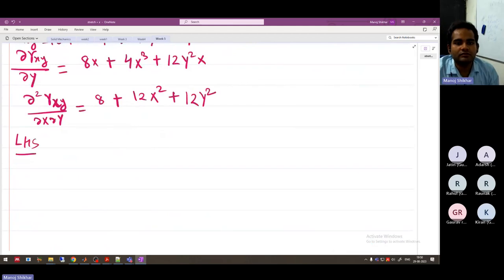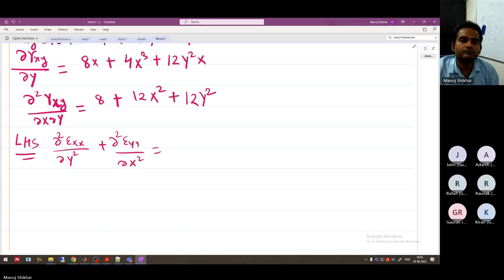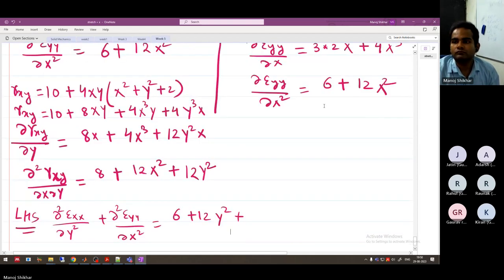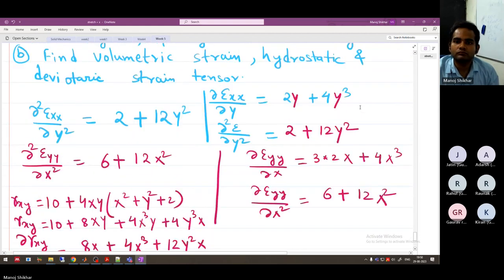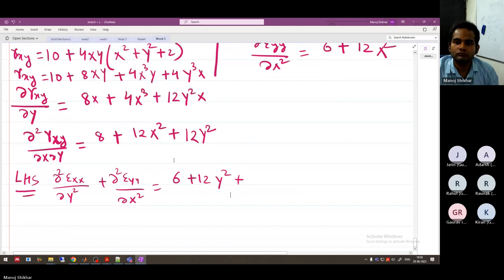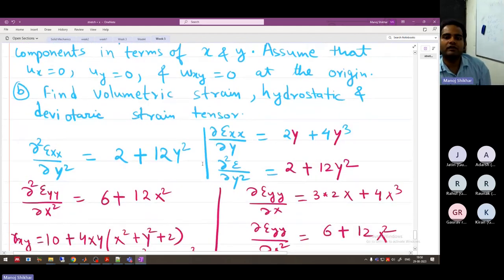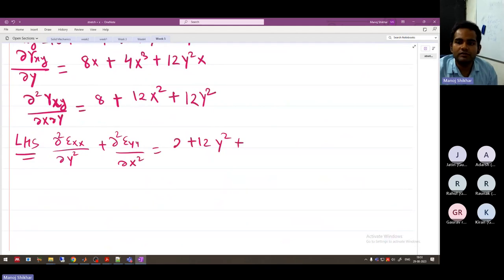Let's substitute the LHS. The first term is 2 plus 12y square.